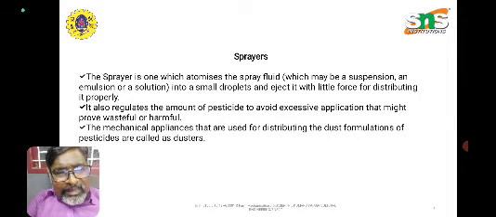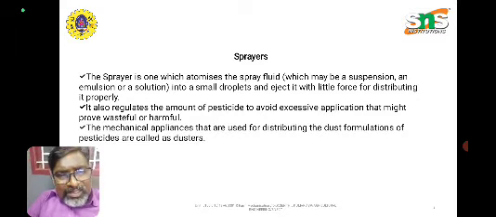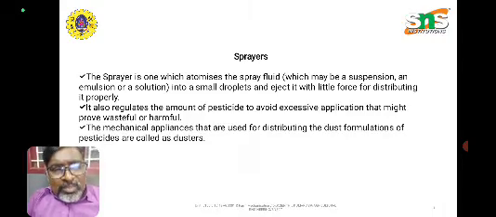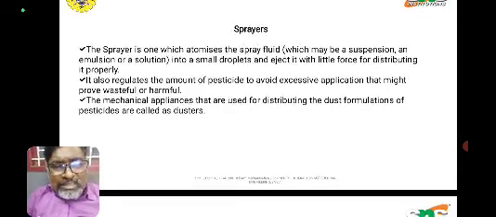Mechanical appliances used for distributing the dust formulations of pesticides are called dusters. In this slide we can see the definitions for sprayers as well as dusters. When the application of insecticides or pesticides is in the form of fine droplets, we are using a sprayer, and when the application is in powder form, then the equipment we are using is known as a duster.